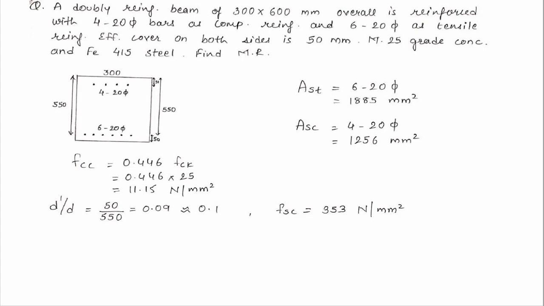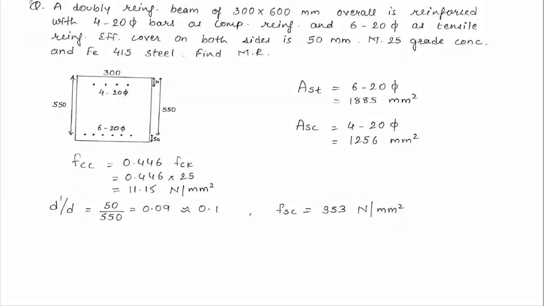In every analysis portion regarding our beam topic, the question will be to find the moment of resistance, and in the design portion the question will be either to calculate the area of steel or to design the entire beam. So here the question is to find the moment of resistance.